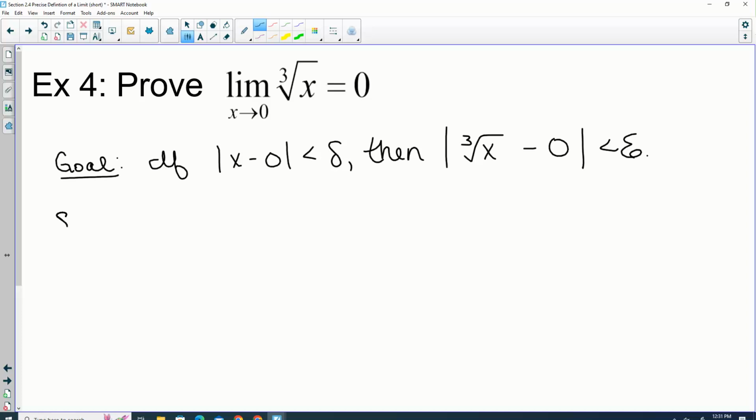So step 1 is really like our scratch work. We're going to start with that second part. Absolute value of cube root of x minus 0 is less than epsilon. Did it make more sense to you guys yesterday when I worked it down and kind of kept it as an equation? Okay, cube root of x minus 0 is the cube root of x.